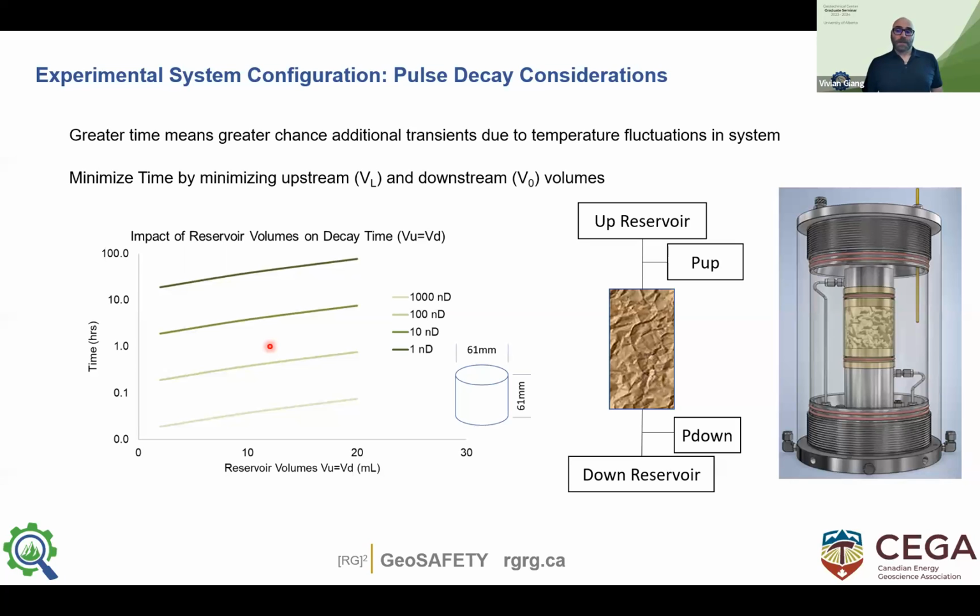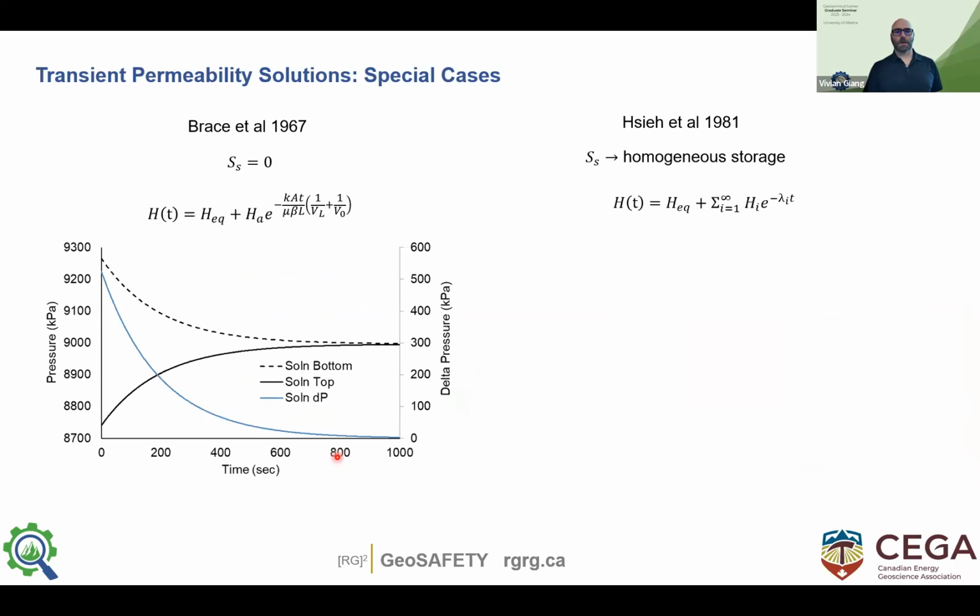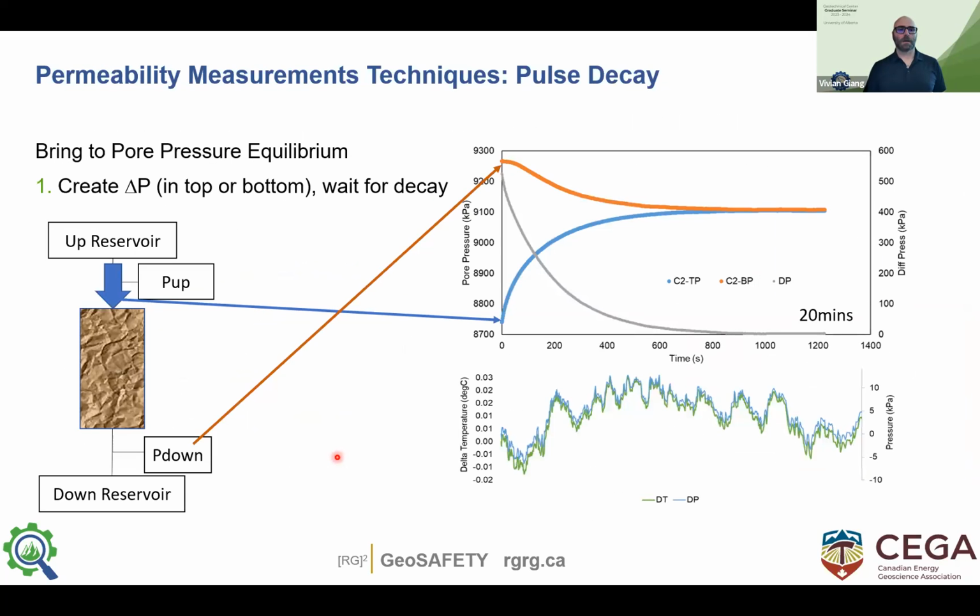So this is our experimental setup. One of the experimental setups, we made a modification. But what you're trying to do, when you're doing this test, is minimize the upstream volume and downstream reservoir volumes.